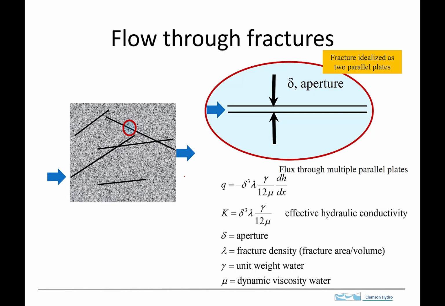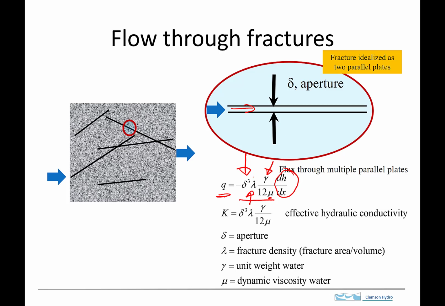And if we do that, then we can take a look at the flow through an individual parallel plate or individual slot, and the flux through a single parallel plate like this is going to be equal to the head gradient times this stuff here. That's the aperture cubed. This is the viscosity of water and the unit weight of water. And then this is the fracture density.